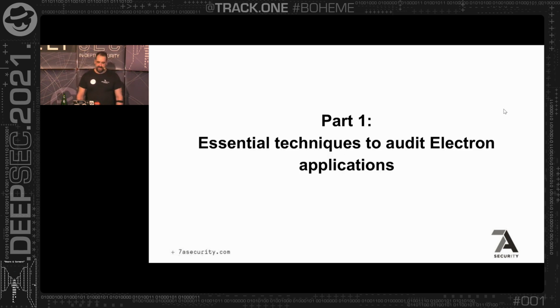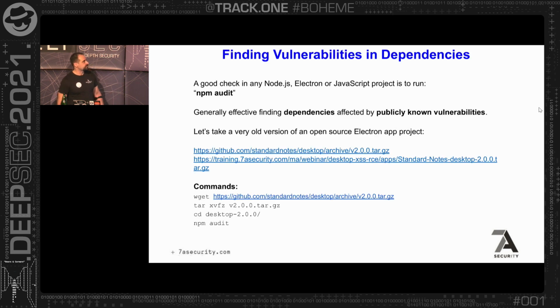So let's say you have no idea about Electron. How do you get started? How do you get some results knowing zero about this, right? One thing that you can do is download an application. In this case, this is the standard Nodes application, a very old version. You can just wget this, extract it, and then run the npm audit command.